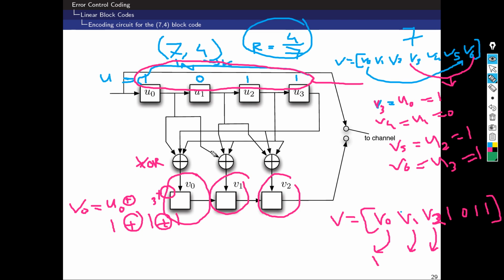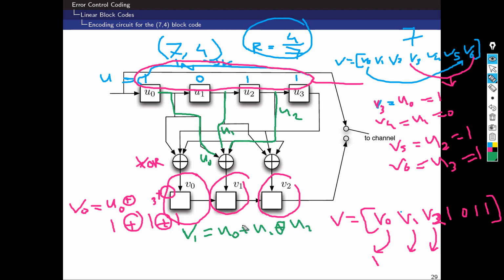This line is coming from U0, this line is coming from U1, and this line is coming from U2. So U0, U1, U2, XOR them with each other. You tell me V1 is equal to U0 XOR U1 XOR U2.